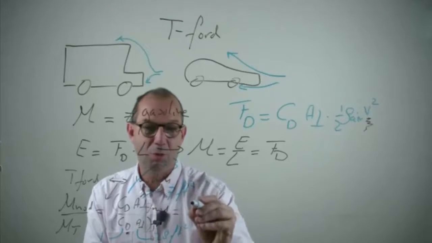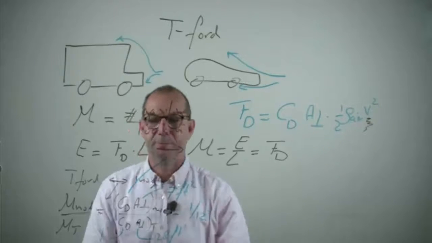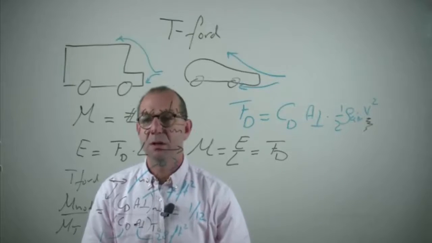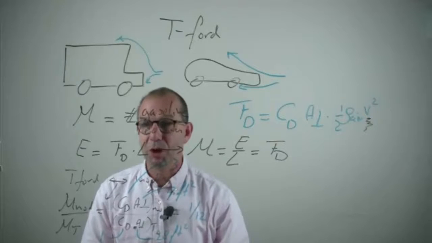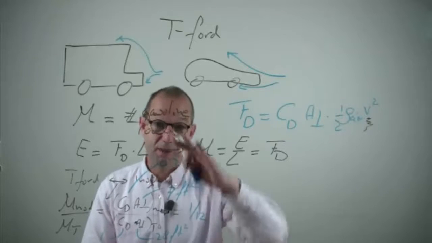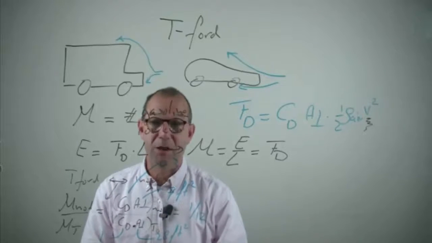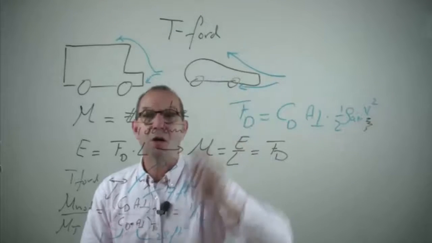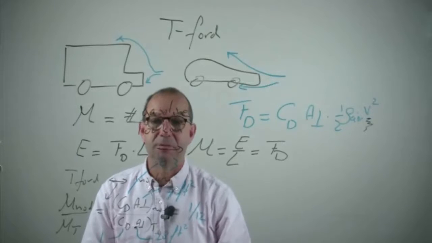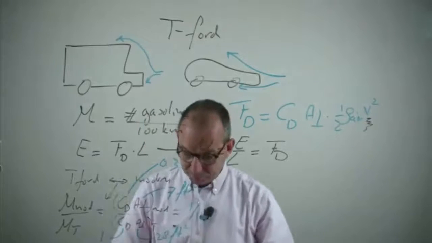And thus this ratio is 1/12. This shows that old cars, like the Model T, have a very bad mileage. Modern cars, via their streamlining and via their flattening, have a much better mileage. It also shows what you need to do if you want to improve: make the car more streamlined, make it even flatter.